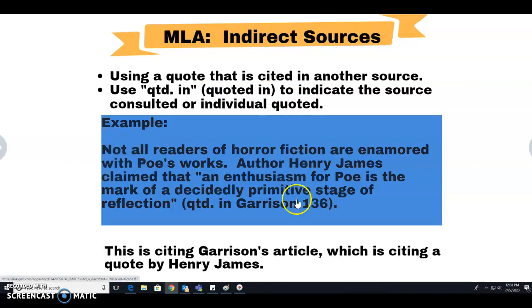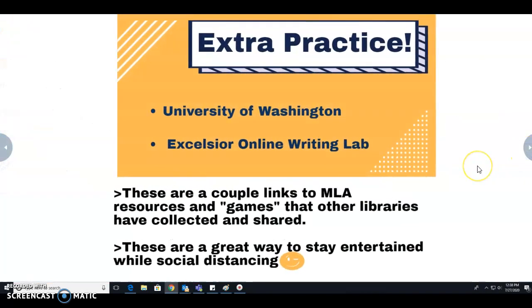So an example here would be, talking about Poe again, author Henry James claimed that, and he said this about Poe's work, and so it's quoted in Garrison 136. So this article that I consulted mentions Henry James' quote. So I'm citing Garrison's article, which is citing a quote by Henry James. So that's sort of how you do that indirect quote stuff. And again, all this stuff is on the MLA help pages.